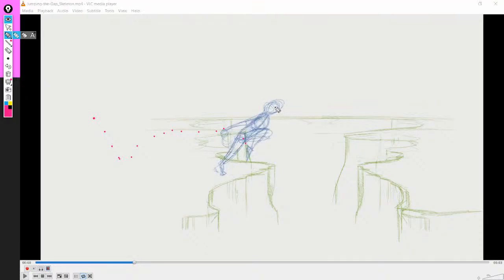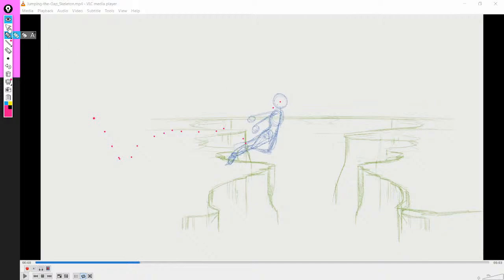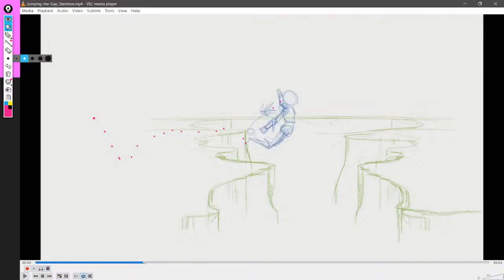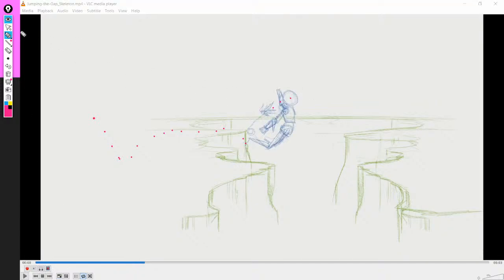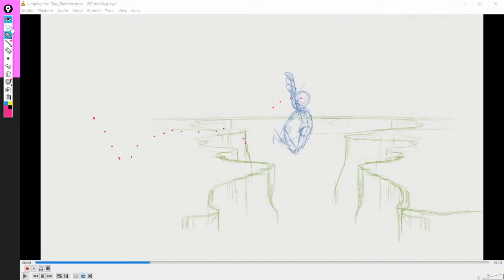This is brilliant squash and stretch. Brilliant squashing. The poses are so dynamic. This is lovely. I love what you're doing here. Such a dynamic pose.